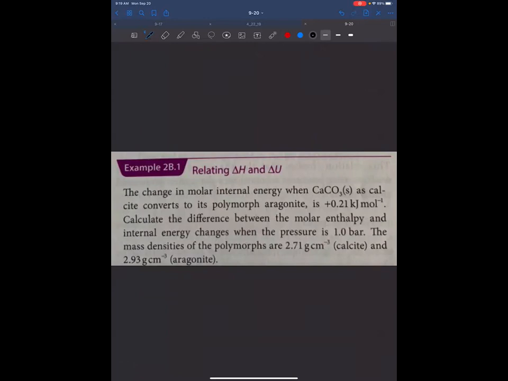So we have calcium carbonate solid, and it is changing into its polymorph aragonite. Does anyone know what a polymorph is? It's the same compound when it can take two different crystal structures. It actually matters a lot. All the biochemists and chemists should know what glycine is, right?